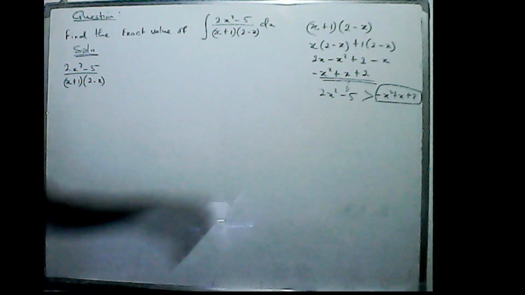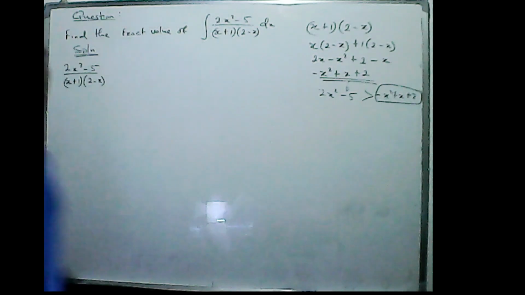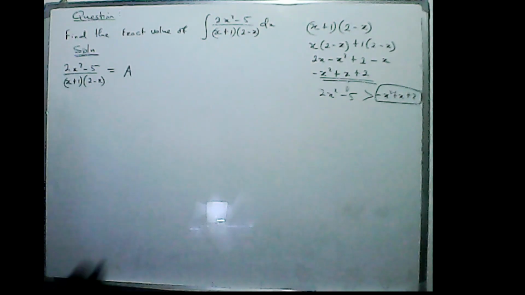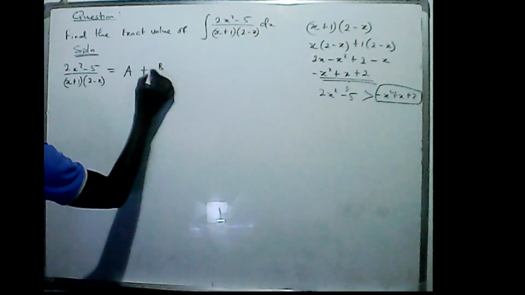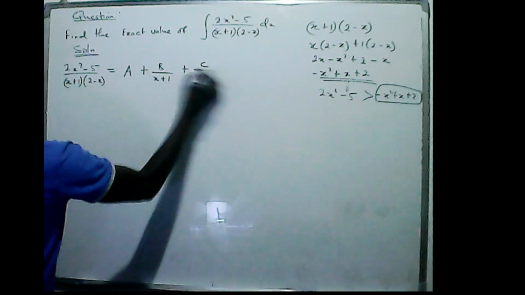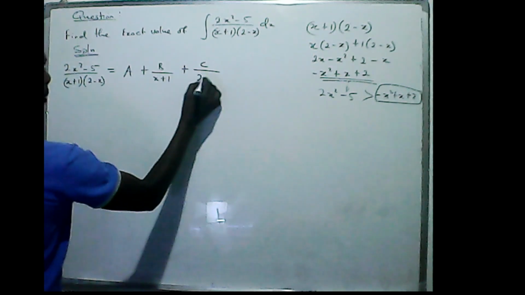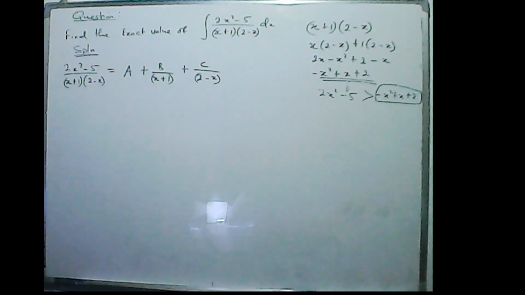Either we divide this function by this one to get a remainder, or we can simply integrate it in the form a, which is a whole number, and the remainders b over x plus 1 plus c over 2 minus x. That's how we express in partial fractions.